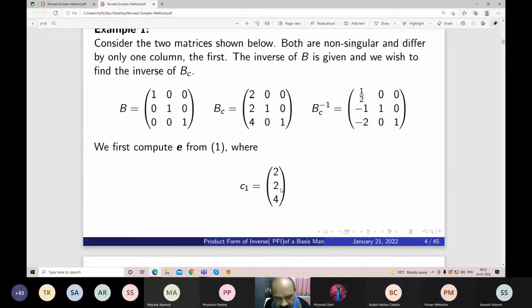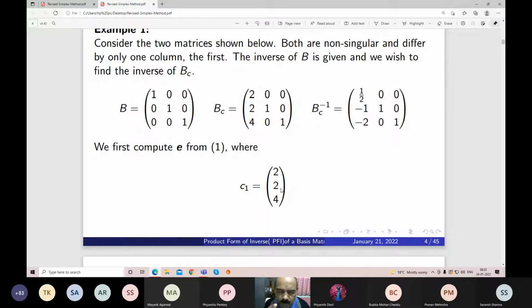In the indicator row, we are selecting the most negative element. With respect to the most negative element, we find the minimum positive ratio. With respect to the minimum positive ratio, there is a key element. In the next table, the key element P becomes 1 by P. And we divide all other elements in the same column by P with a minus sign.